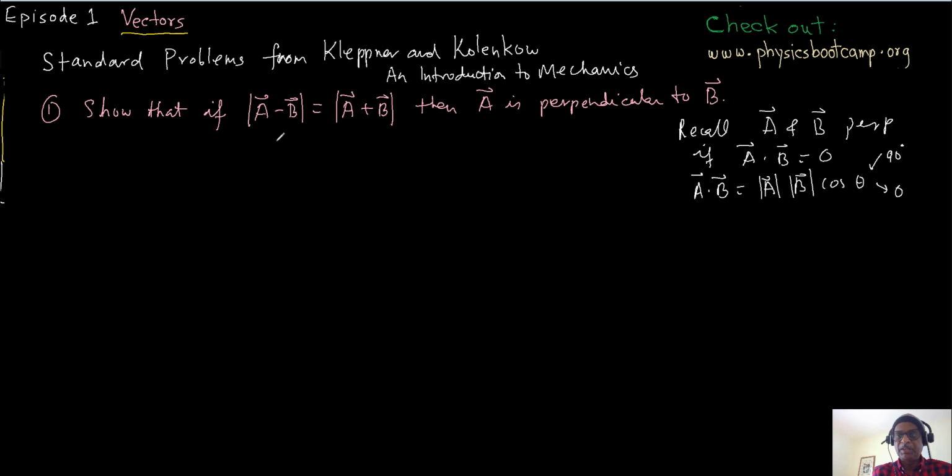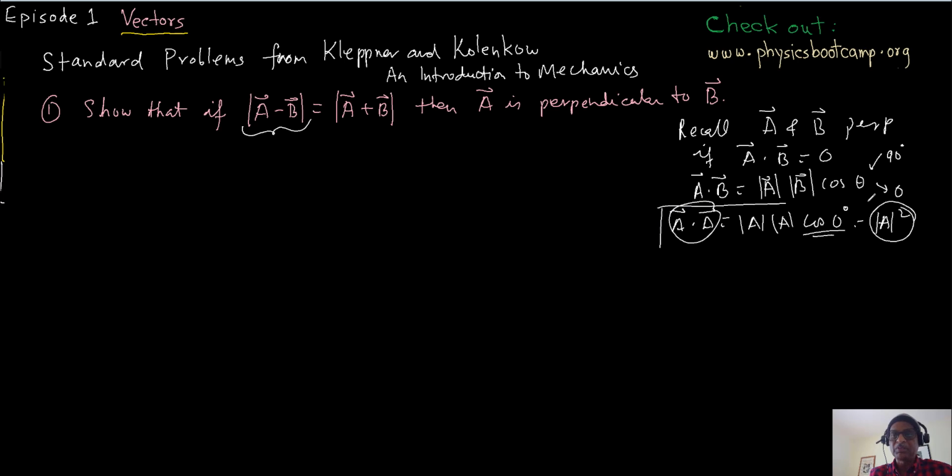You can see I can use the dot product of A with A to get A squared times cosine 0 degrees, that's 1, and so this is A squared. So magnitude squared is also a dot product. This is also a very important relation. What's given here is that the magnitude of A minus B is equal to the magnitude of A plus B. Which means if I square both sides, this is just numbers.